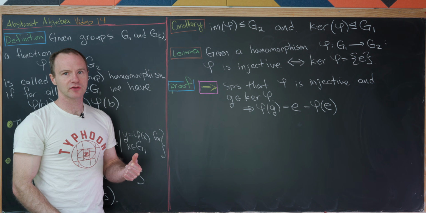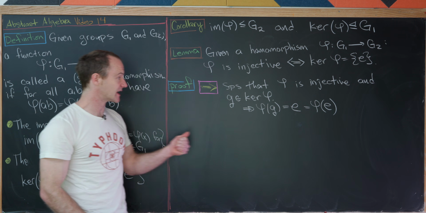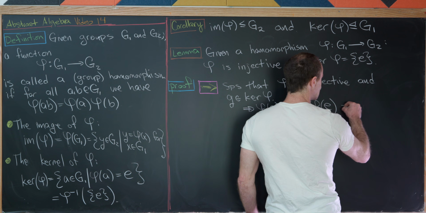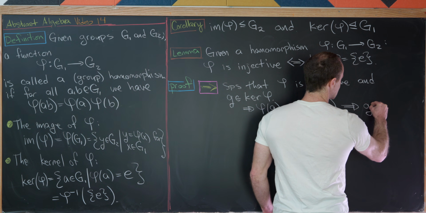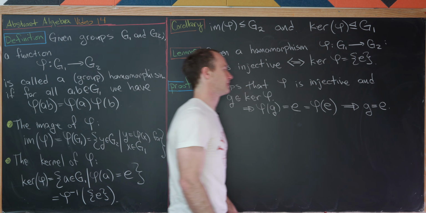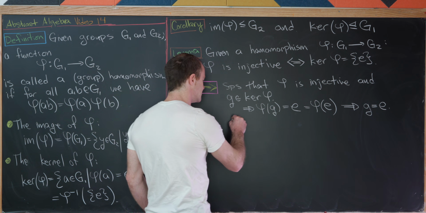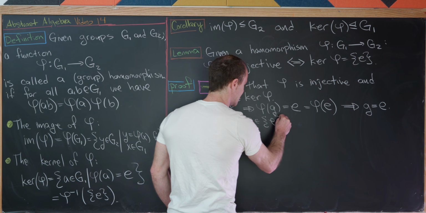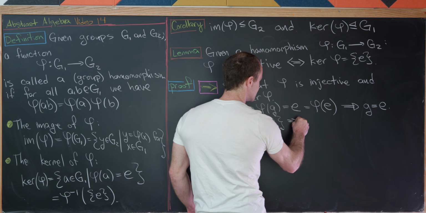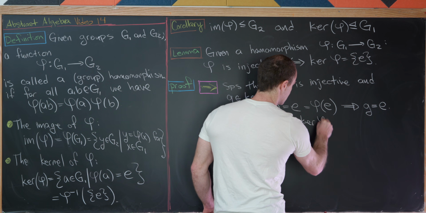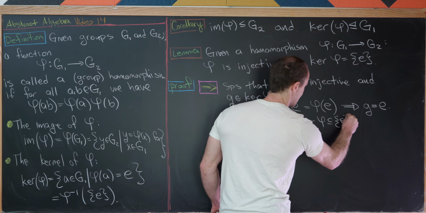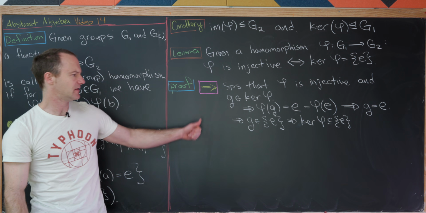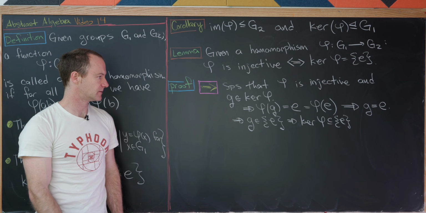Okay, but now let's notice that by injectivity, since phi of G equals phi of E, we immediately get that G is equal to E. Oh, but that means that G is an element of the set containing the identity. So that means the kernel of phi is a subset of the set containing simply the identity, and that's just by set inclusion.